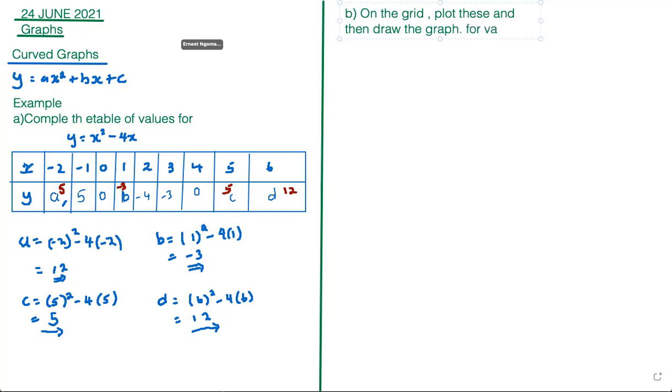Now they give us the values. So the graph, obviously we know the equation for the values of x that start from -2, obviously, to 6, as it is shown in the table, right? So we are supposed to come up with a grid and then we plot those values.